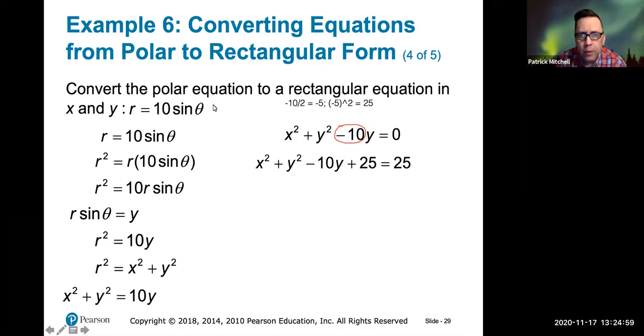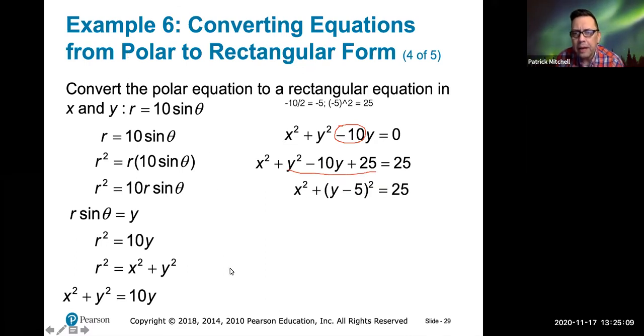And the whole point of doing that was now I can take this y squared minus 10y plus 25, and I can write it as the square of a binomial. x squared plus y minus 5 squared equals 25. So hopefully at this point you recognize that's the equation of a circle. So circle centered at the point 0, 5 with a radius of 5.